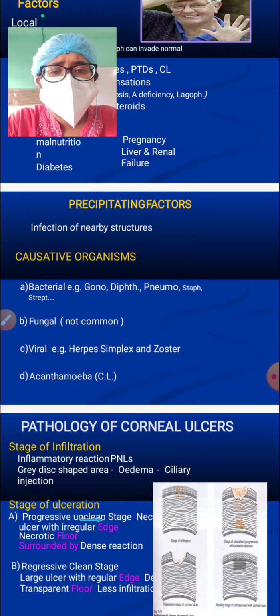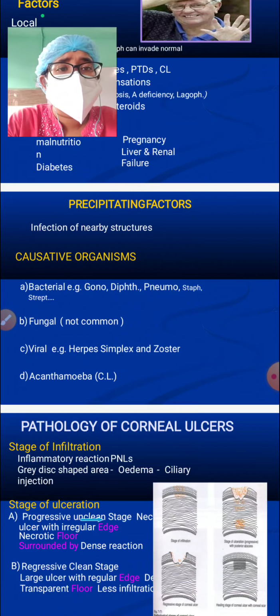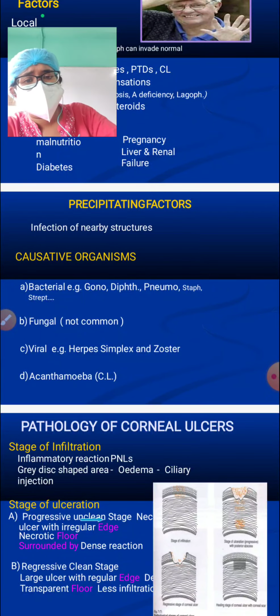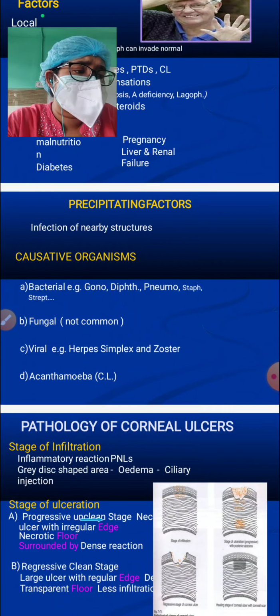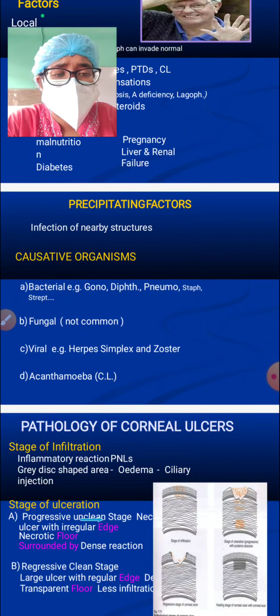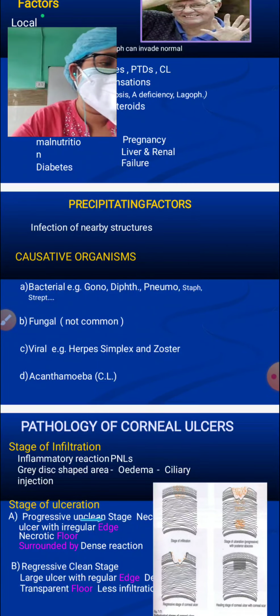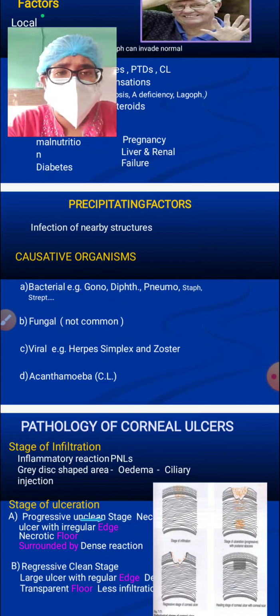Now, common bacteria involved are gonorrhea, diphtheria, pneumococcus, staphylococcus, streptococcus. Okay. Fungi are there, both the filamentous and the yeast. The viral that are involved are mainly the herpes simplex virus and zoster virus. Okay. Atypical organisms, that is chlamydia, are also involved.